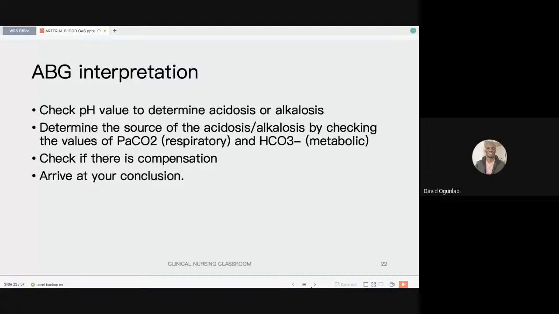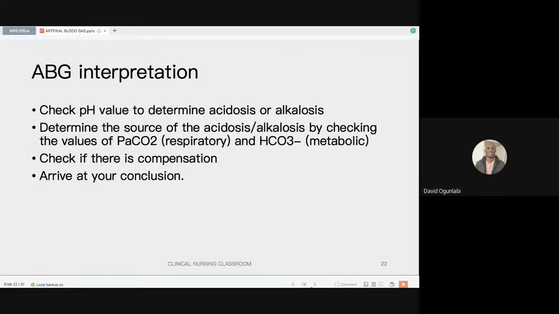For instance, we have checked our pH, and pH is less than 7.35. So we have said this is what? Acidosis. Now, if you check the PaCO2 and it is also high, what does that mean? That is also pointing towards acidosis. I told you that CO2 reacts with water to form carbonic acid.